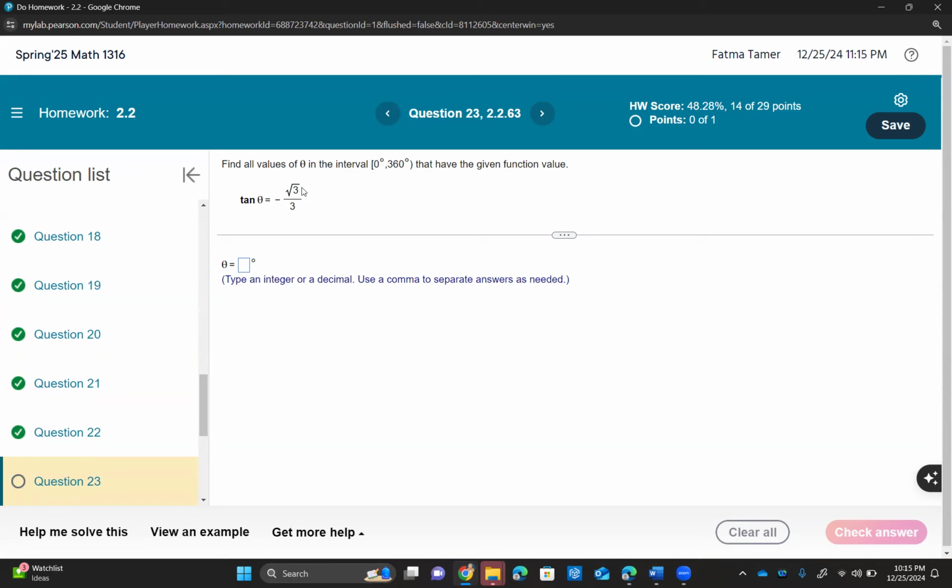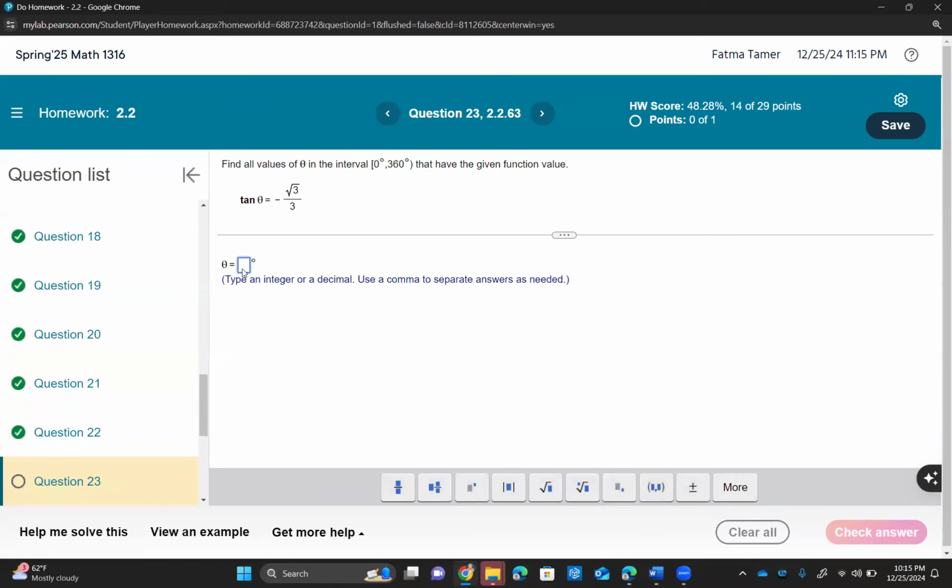Sine is equal to 1/2 only for 30 degrees, so this will be an angle related to 30 degrees. But the tangent value is negative, so tangent is negative only in quadrant 2 and in quadrant 4. So 30 becomes 150 in quadrant 2, and 30 becomes 330 in quadrant 4.